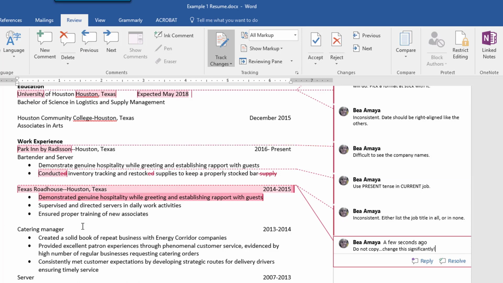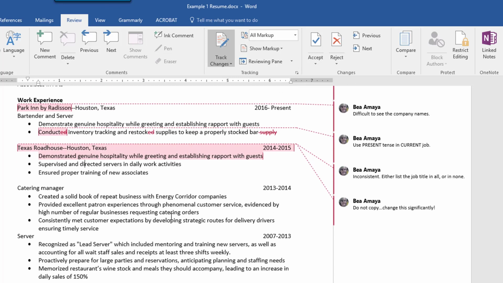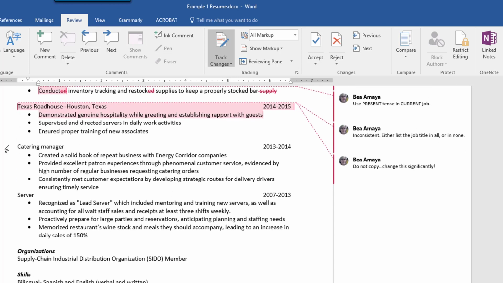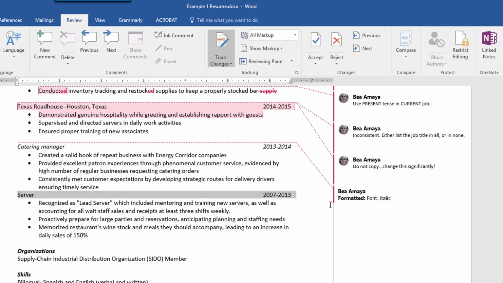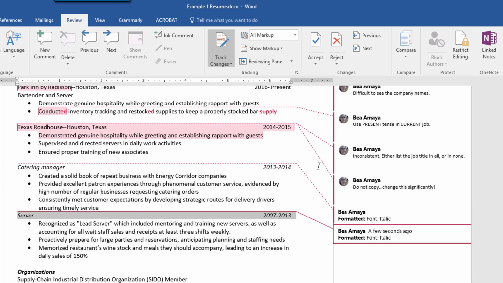All right. Supervised and directed servers in daily work activities. Perfect. Ensured proper training of new associates. Excellent. So in his role as catering manager, and I'm just going to help him out here, instead of describing it, I'm going to actually italicize those myself.